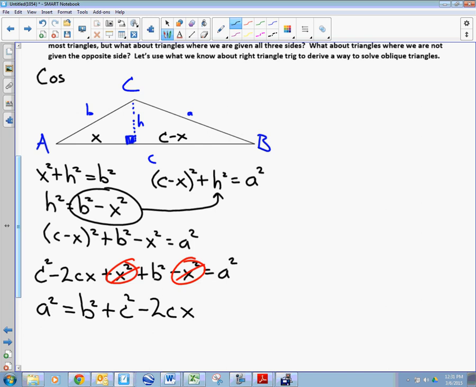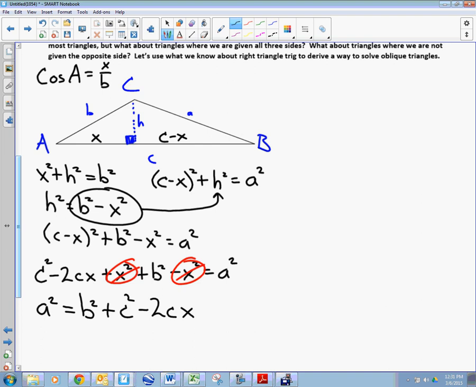Adjacent over hypotenuse. All right. Yeah, okay, there we go. So adjacent over hypotenuse. So what angle am I going to use? A. Cosine of A is equal to what? x over b.